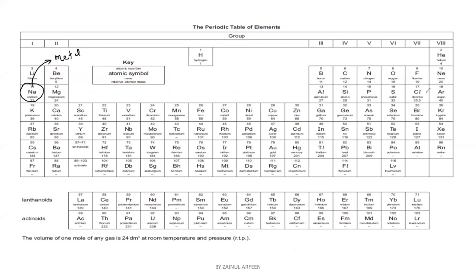And when you check the position of chlorine, chlorine belongs to group 7, so group 7 means it will be a non-metal. And in the formation of an ionic bond, the metal tends to lose electrons, whereas the non-metal tends to gain electrons. So the attraction between the positive and the negative ion is known as the ionic bond.